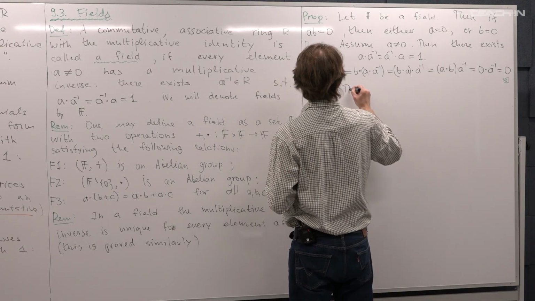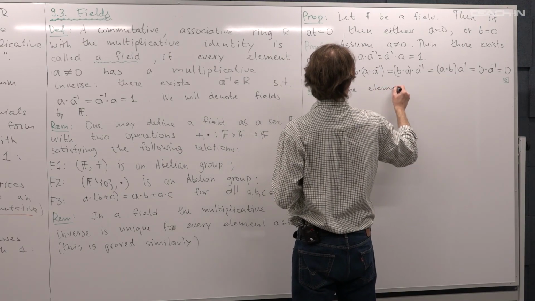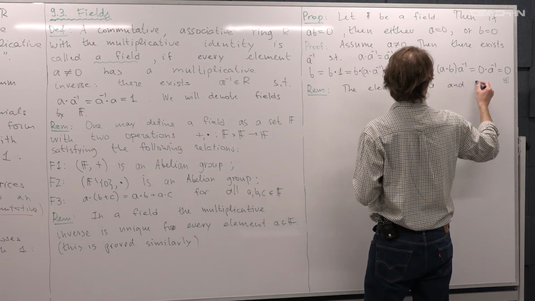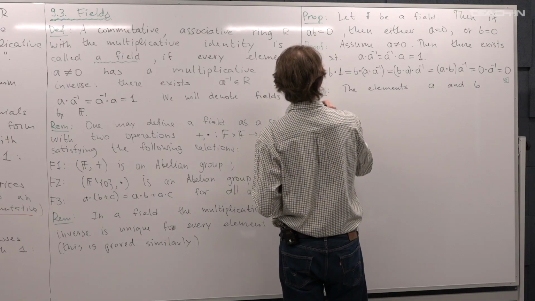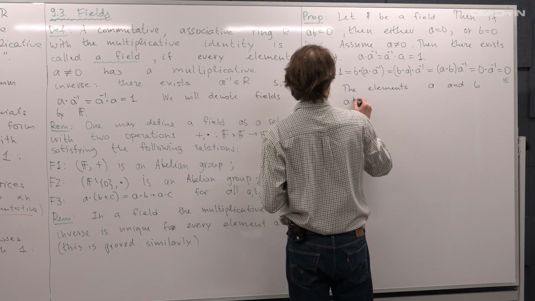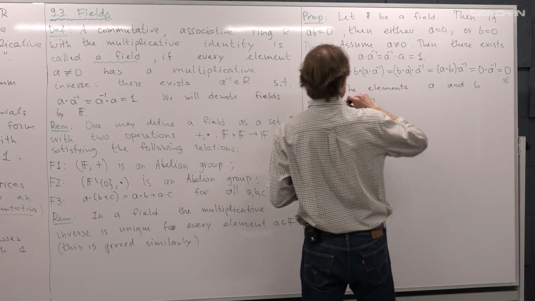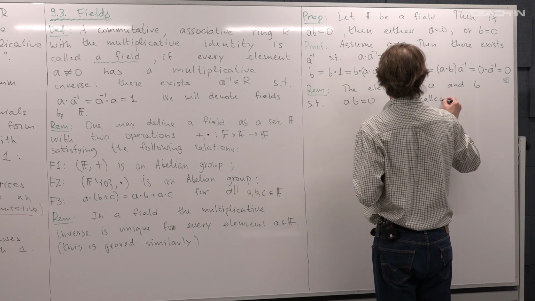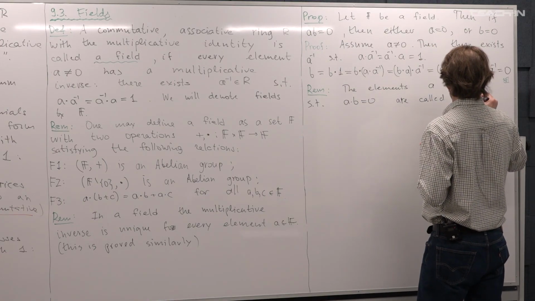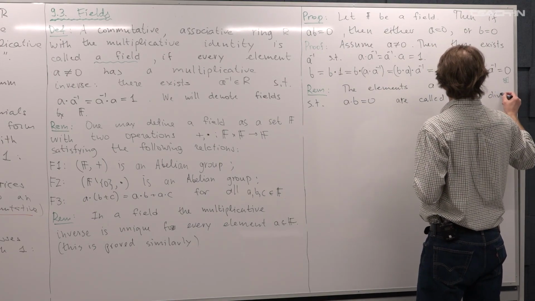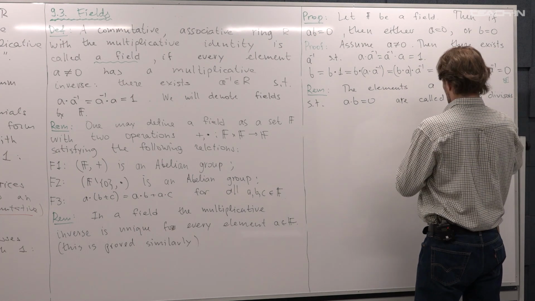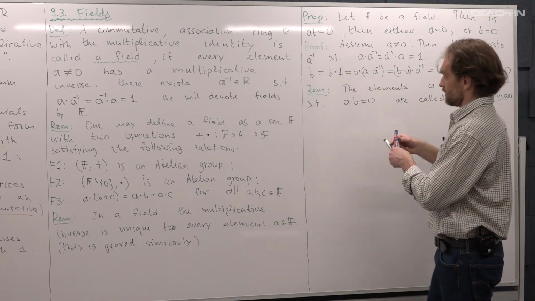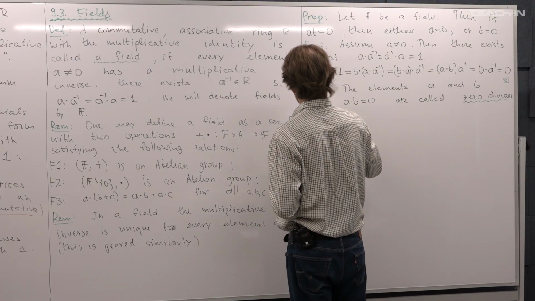The elements a and b such that a multiplied by b equals 0 are called zero divisors. We just proved that in a field there are no zero divisors.